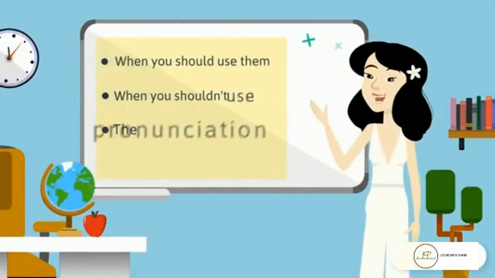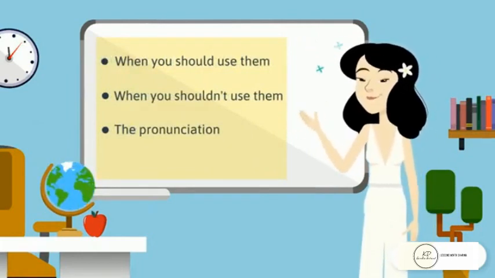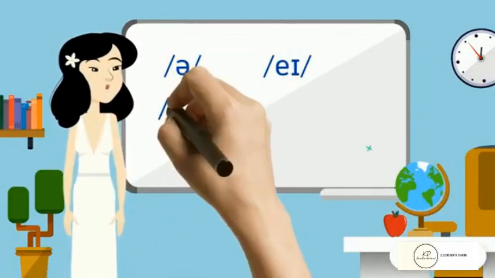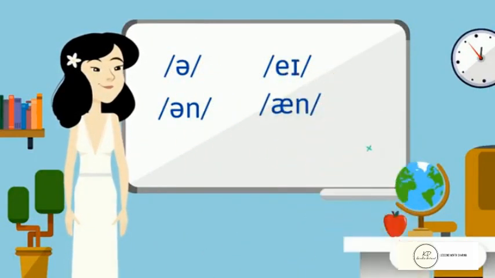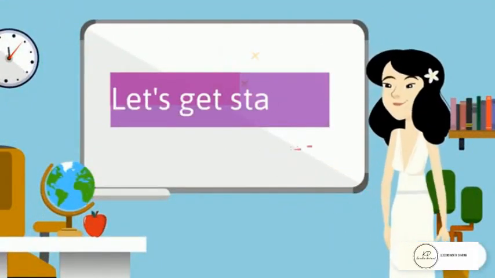This includes when you should use them, when you shouldn't use them, and more importantly, the pronunciation. We will discuss when to use a and a, an and an, and when to say the and the. So without further ado, let's get started.